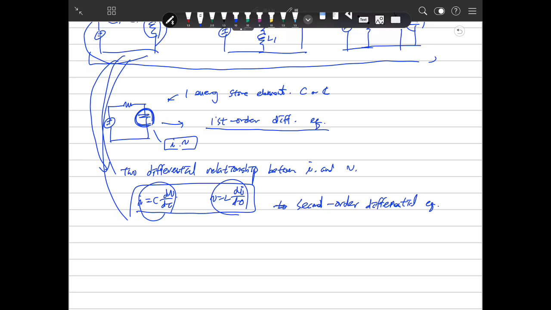So basically, to solve an electric circuit with two different inductors or capacitors, we need to know how to solve the second order differential equation. You don't need to worry about describing it here, because we will formalize the equation, and I will give you a lecture on how to solve the formalized second order differential equation.